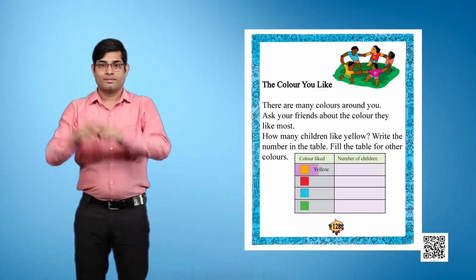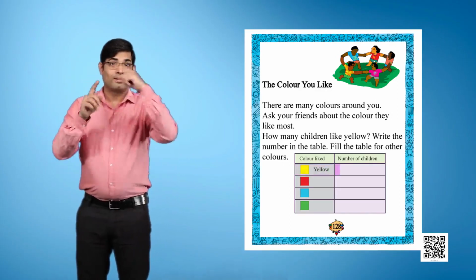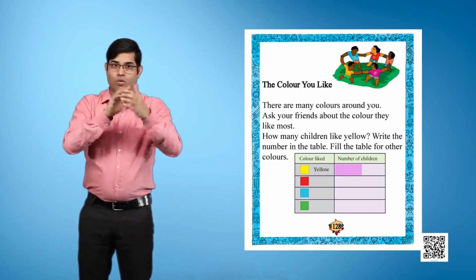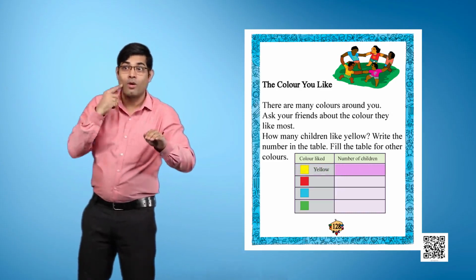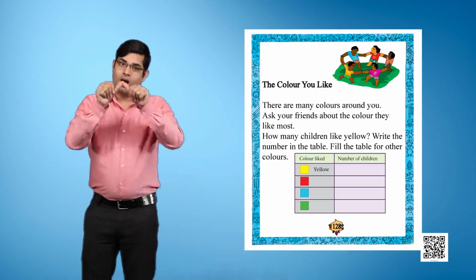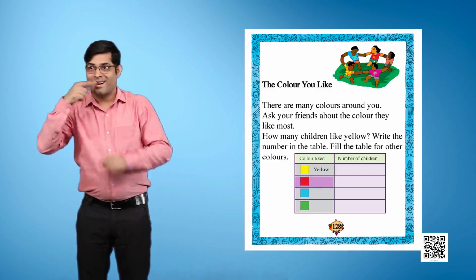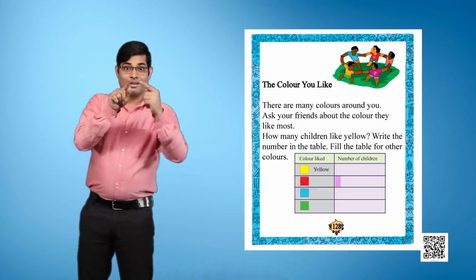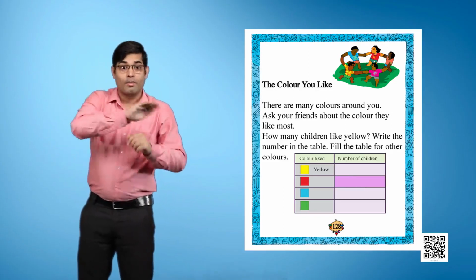Column 1 has picture of yellow square box, and column 2 has space for writing the number of children liking yellow color. Row 2. Column 1 has picture of red square box, and column 2 has space for writing the number of children liking red color.